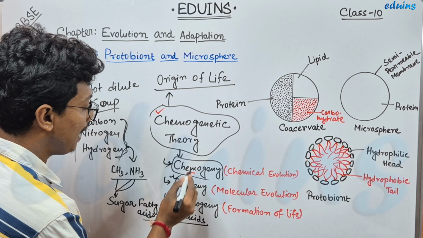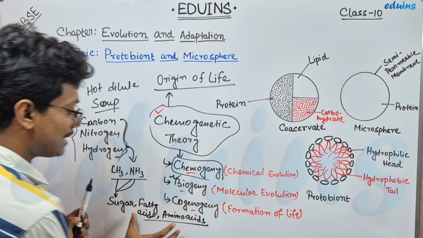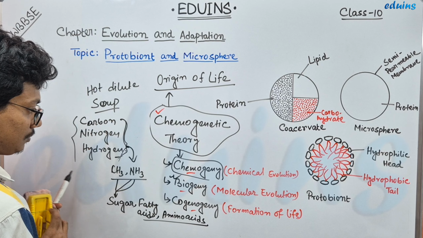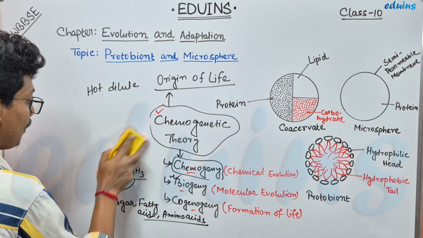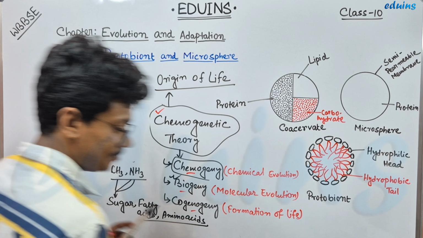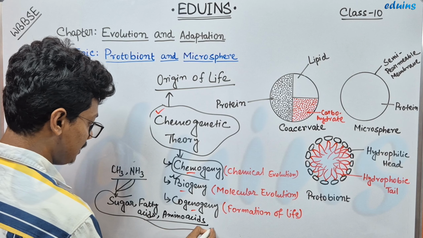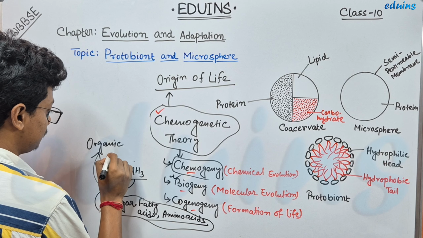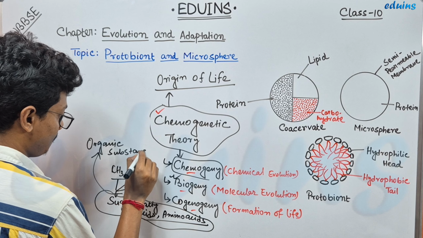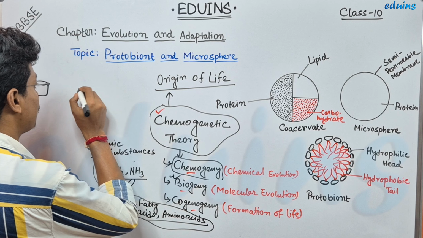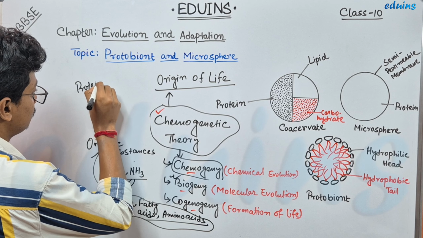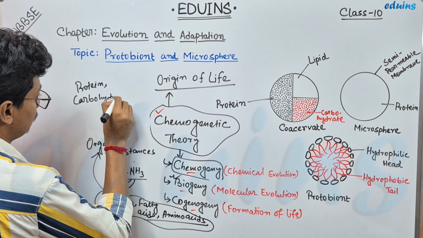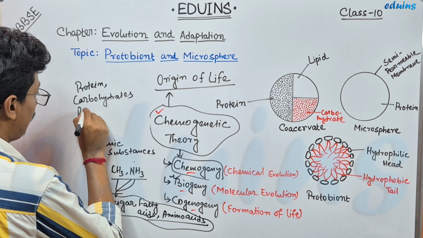Next, come to the biogeny. In biogeny, these substances further react with each other and form organic substances, like protein, carbohydrates, polypeptides.